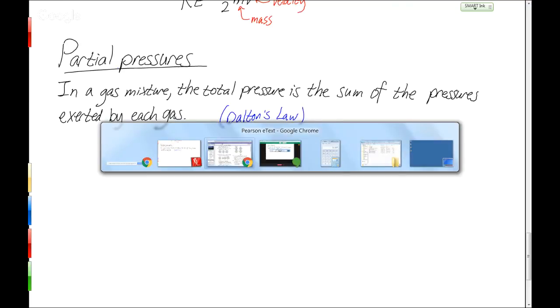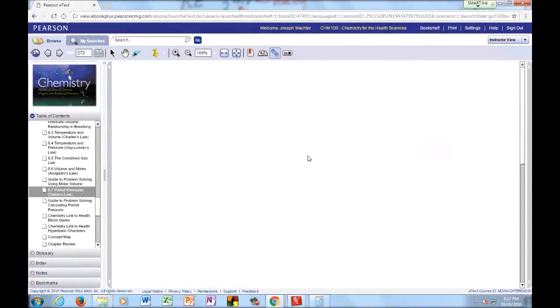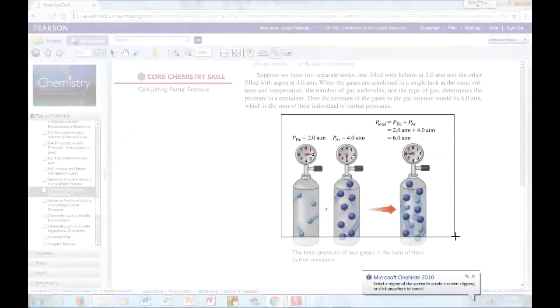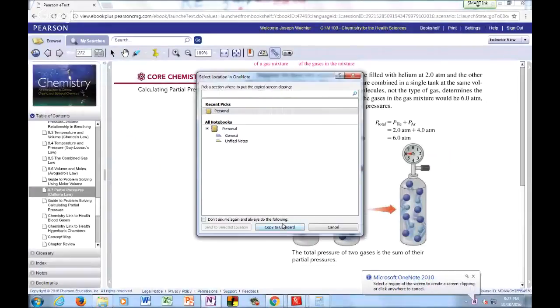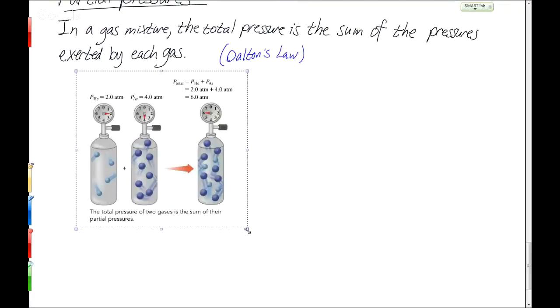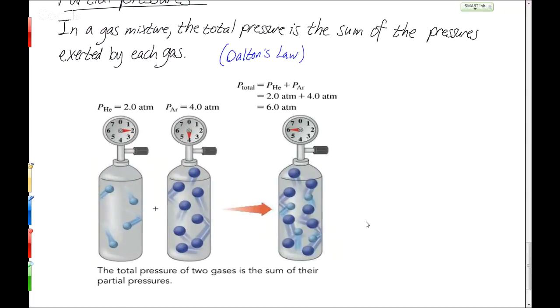There's a picture in the book that talks about this right here. I'll pull this for the notes. So if you imagine 2 gas cylinders or gas tanks, one with helium, one with argon.